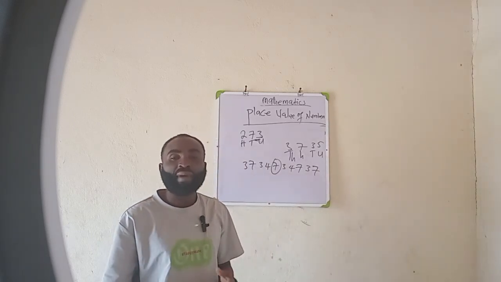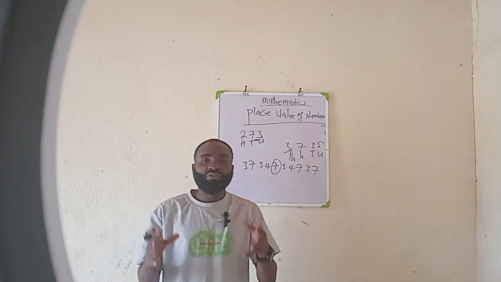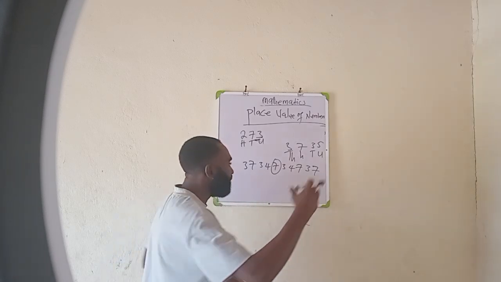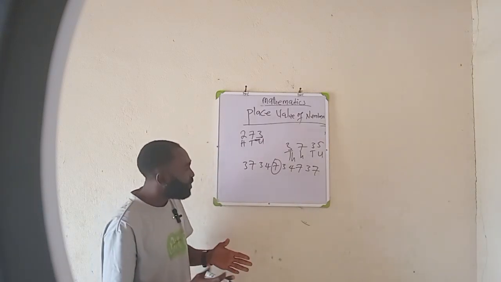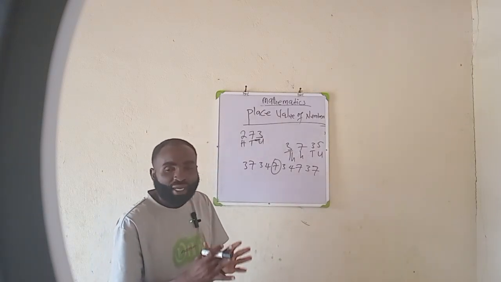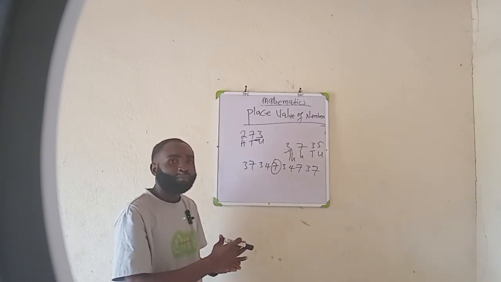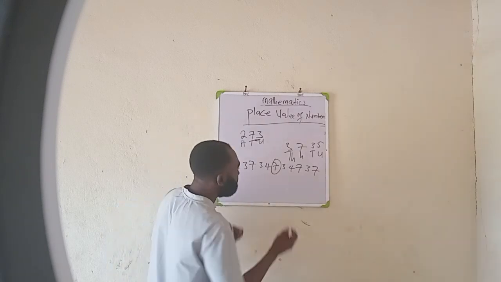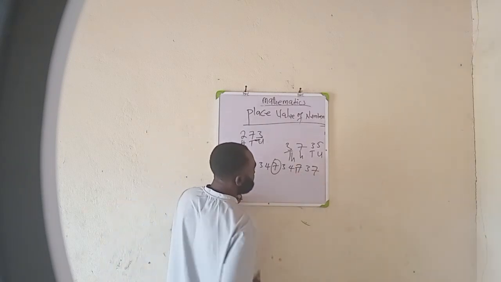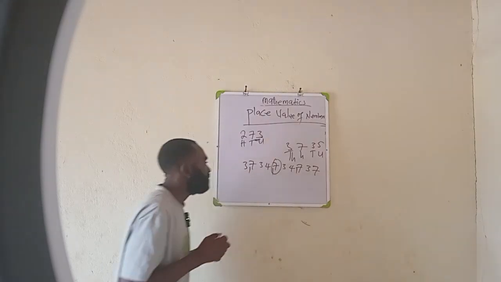As I explained in my previous lesson, in any number you are given to count, start from the right hand side to the left hand side. In that way, you separate it 3, 3, 3 till the last one.